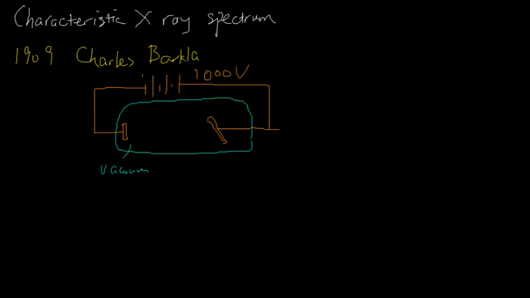This would produce a beam of electrons with a high velocity, the high kinetic energy, and when this electron hits the metal, it can be any metal.